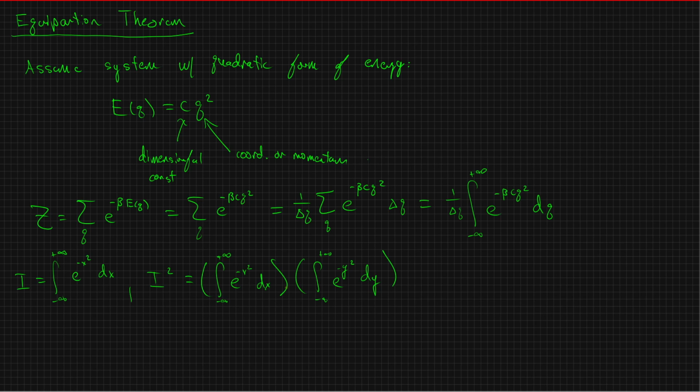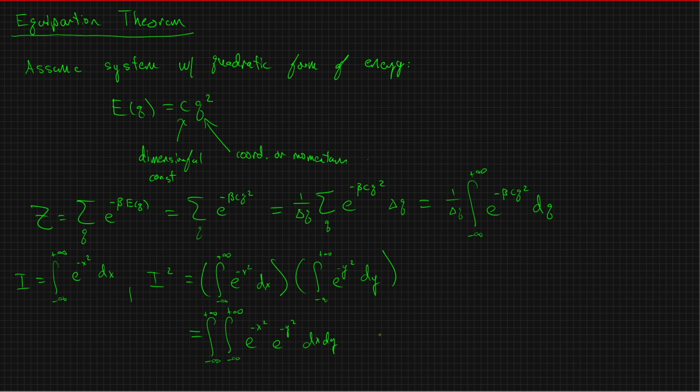And since this one doesn't depend on x and this one doesn't depend on y, we can just merge them together. So we can write the double integral, minus infinity to plus infinity, minus infinity to plus infinity of e to the minus x squared times e to the minus y squared, dx dy.